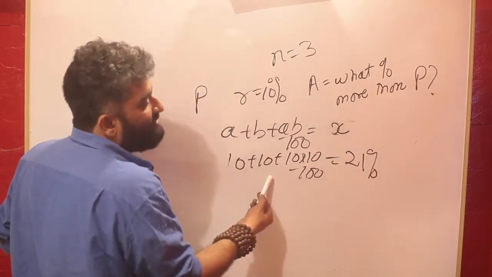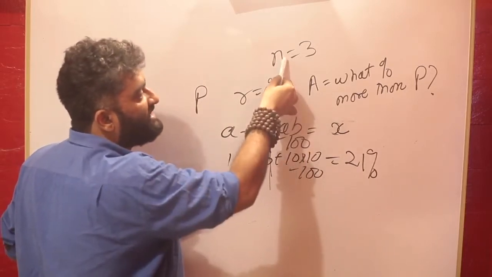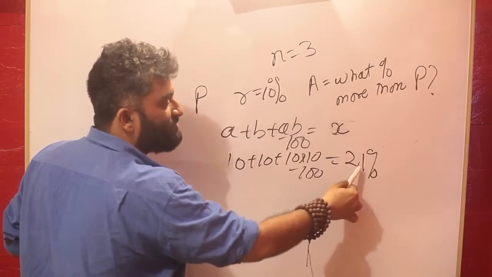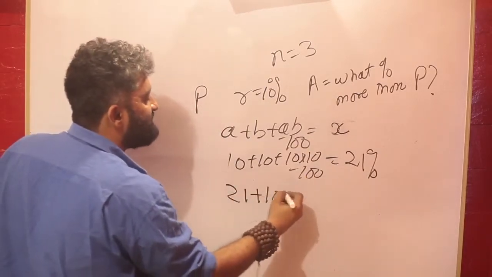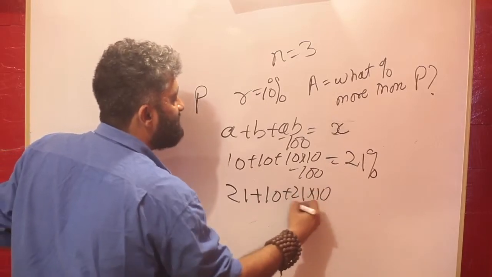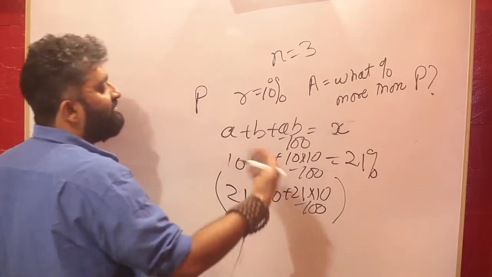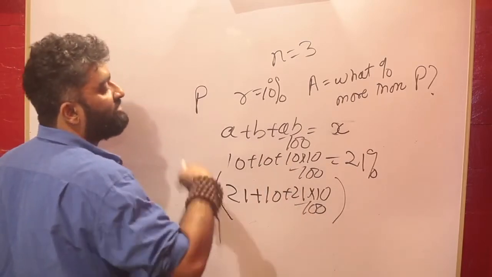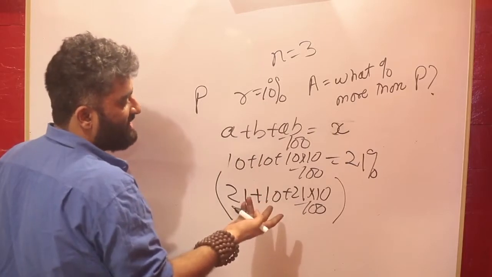So this might have made my life easy for the 2-year case. But what do I do for the 3-year case? I know after 2 years this is 21%. So it is now 21% plus 10% plus 21 into 10 by 100. So this calculation might be easier than the cubing calculation, especially when it comes to 2 or 3 years, right?